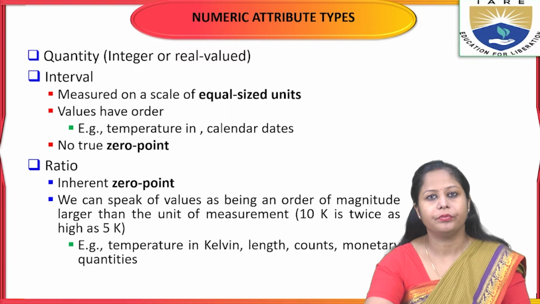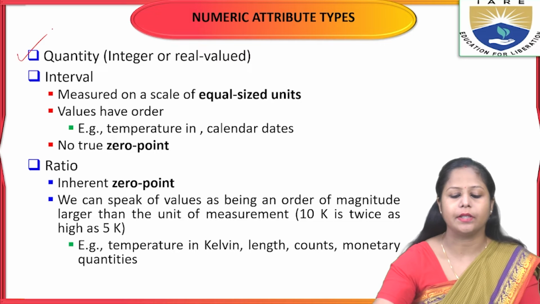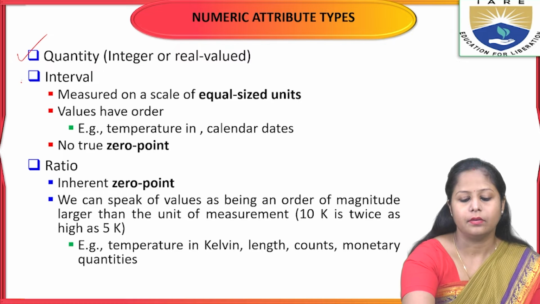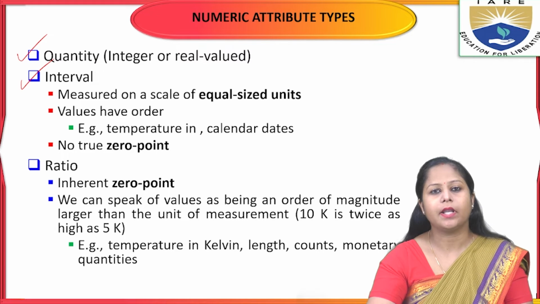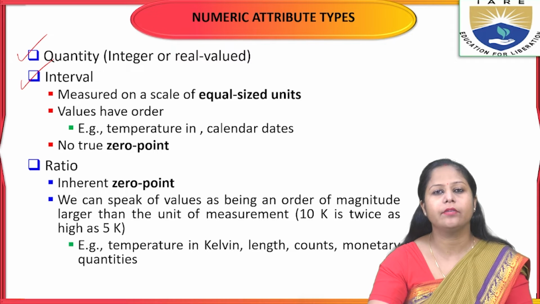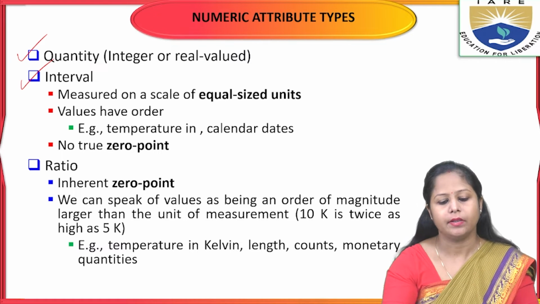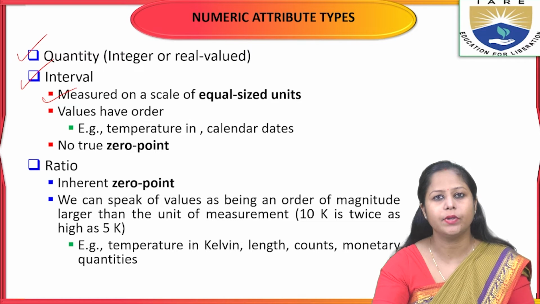Numeric attribute. What is a numeric attribute? It is a quantity, integer or real value. Interval type of data is also a numeric attribute. What is interval? It is measured on a scale of equal-sized units.